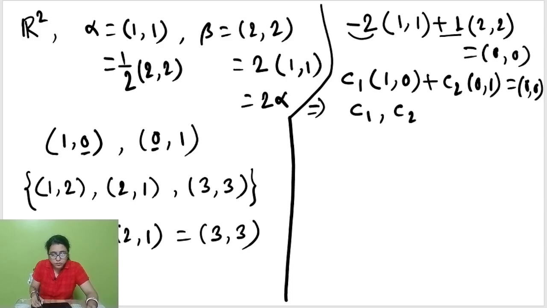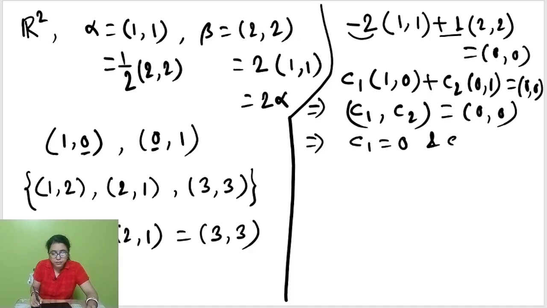So this becomes C1, C2 is equal to 0, 0. From here we get C1 equal to 0 and C2 equal to 0. So we are not finding any non-zero C1, C2 for which the combination becomes the 0 vector. Therefore, these two vectors are linearly independent vectors.